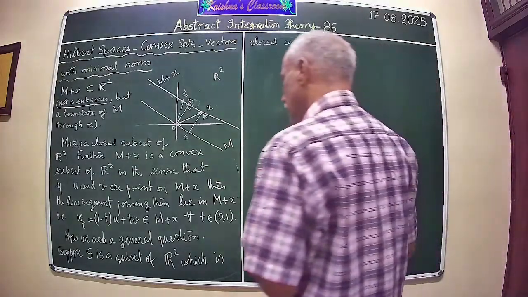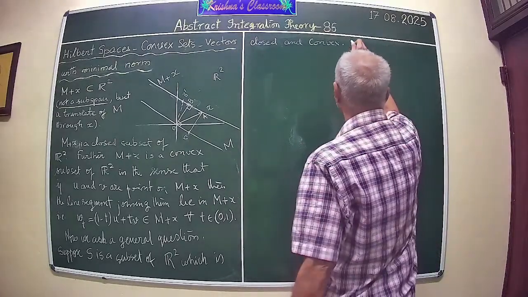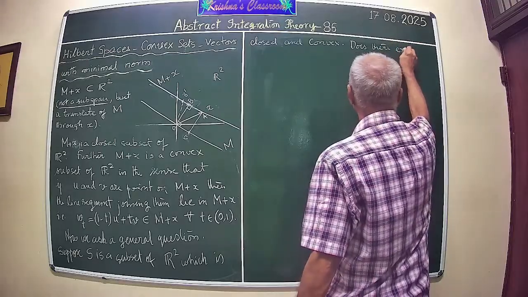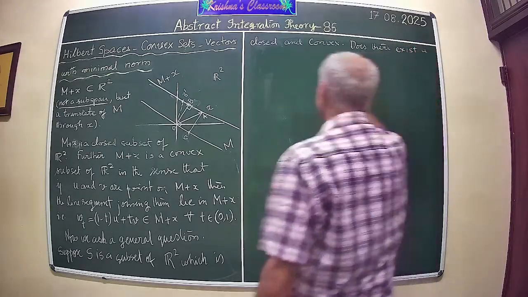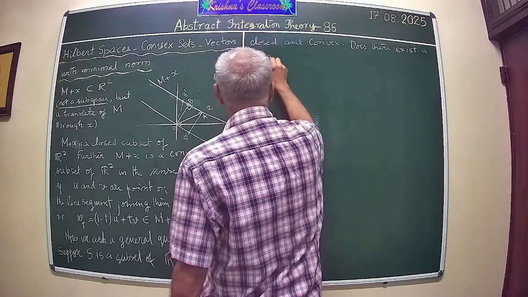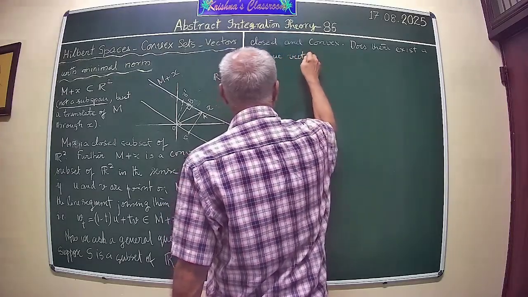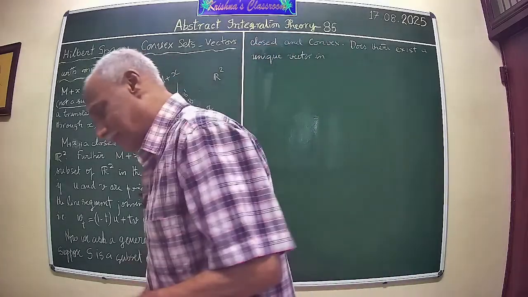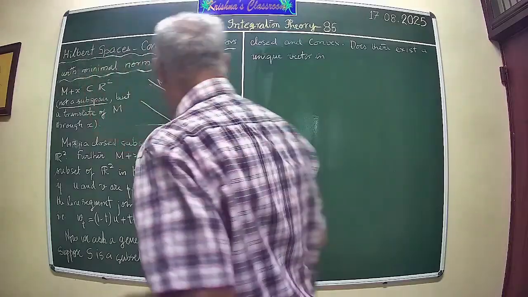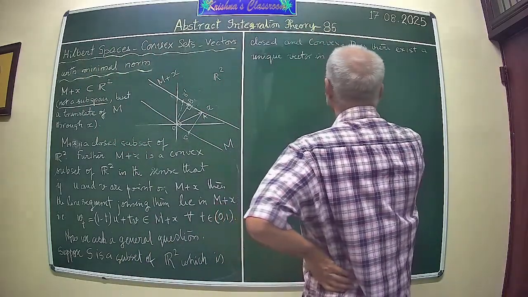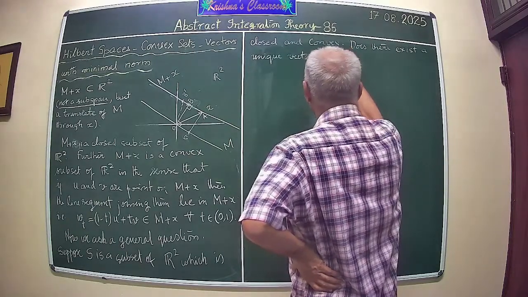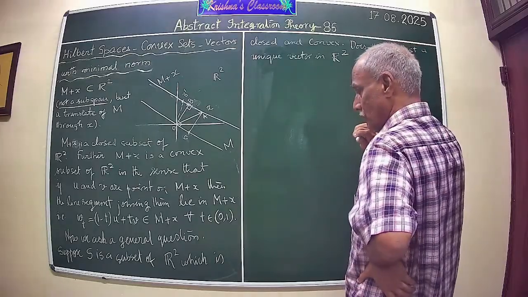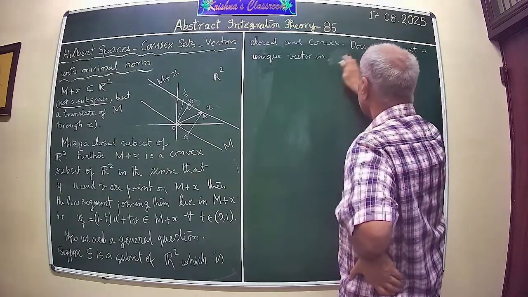Does there exist a unique vector in S which is the distance from zero to the set?